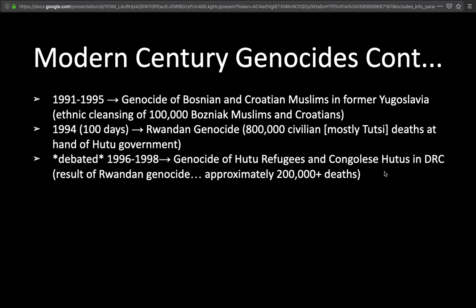But basically, this was the genocide of Hutu refugees and Congolese Hutus in the Democratic Republic of Congo, which was committed in the name of Rwandan national security. And though the number is never probably going to be fully known, there's over 200,000 deaths within those 2 years.